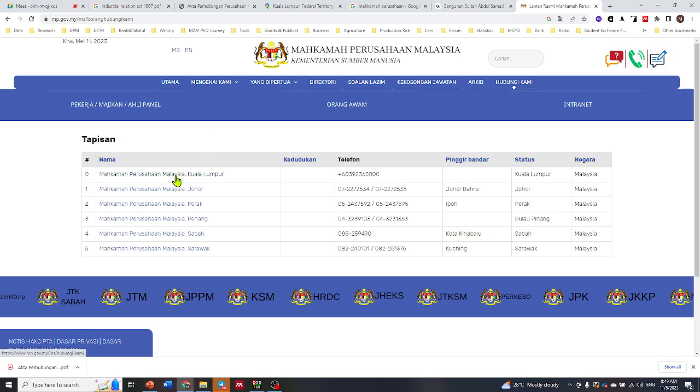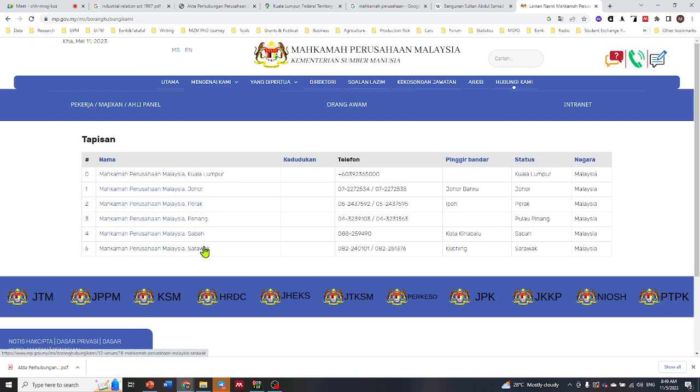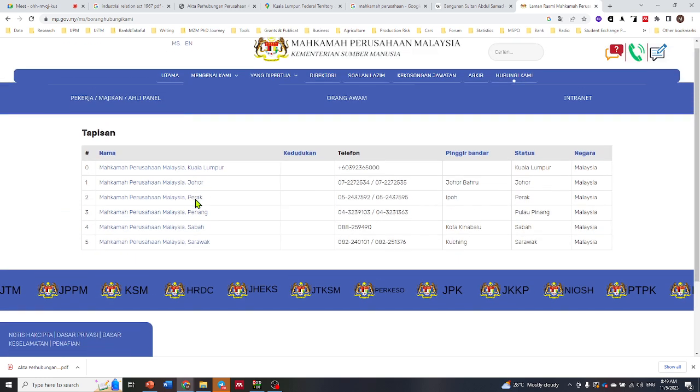Kita ada mahkamah perusahaan dekat KL, dekat Wisma Perkeso, kat Johor, Perak, Penang, Sabah dan Sarawak. Jadi bukan setiap negeri. Okey.